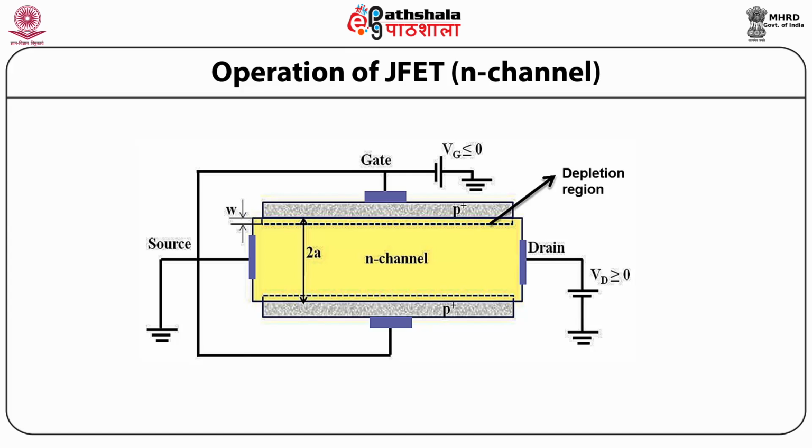In the extreme case, the depletion layers extend over the whole thickness of the N-type layer, thereby reducing the electrically effective channel thickness to 0 and thus reducing the JFET current to 0. So this shows that the current can be controlled by the value of the negative voltage applied to the upper or lower P plus layers. Hence it is known as field effect transistor.